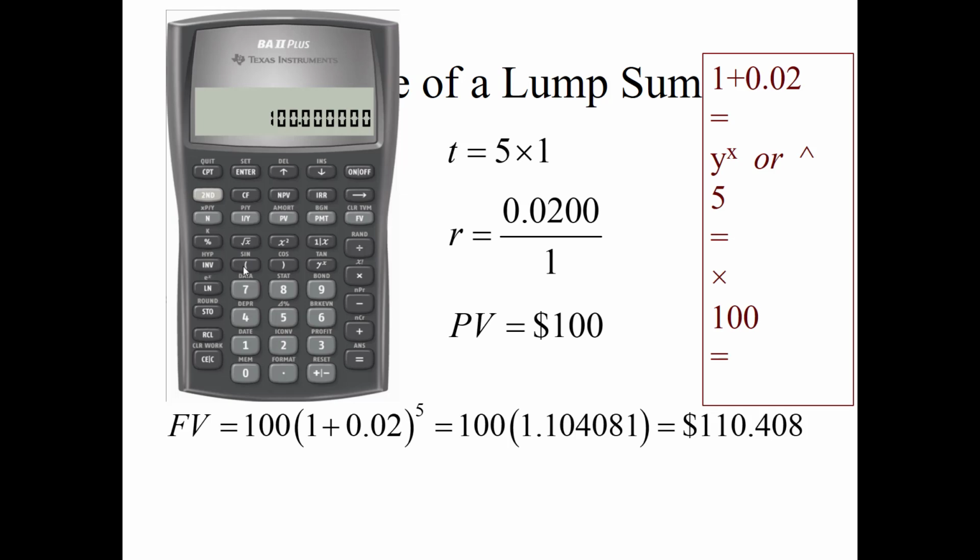So in this case, I would multiply it by 1.02 raised to the 5th power. And then I'd select the close parenthesis. And we find that that's the value of our future value interest factor. And at this point, it still has 100 times this quantity stored. And so if we hit equals, we will see that we get the same future value of $110.408.